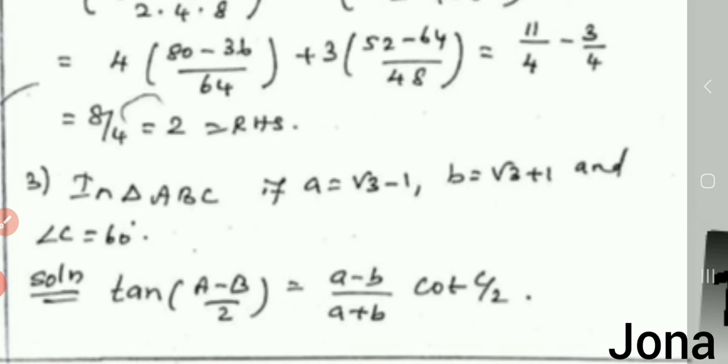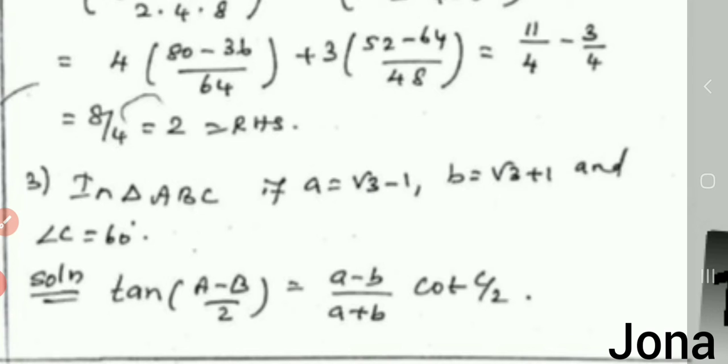Third problem. In triangle ABC, if a equal to root 3 minus 1, b equal to root 3 plus 1 and angle C equal to 60 degree. Here I want to take the formula tan of (A minus B) by 2 equal to (a minus b) by (a plus b) into cot C by 2.